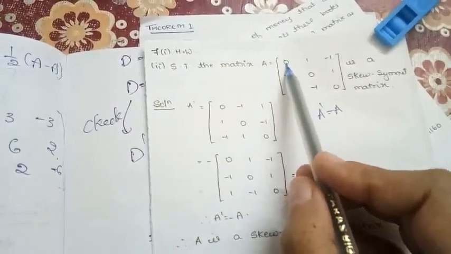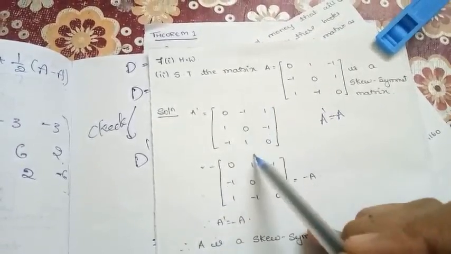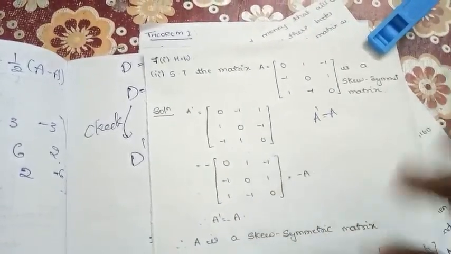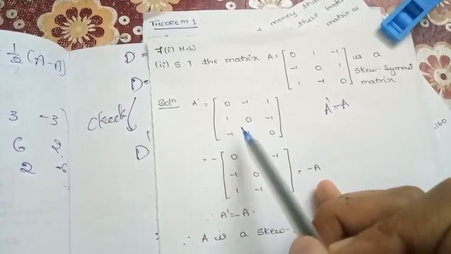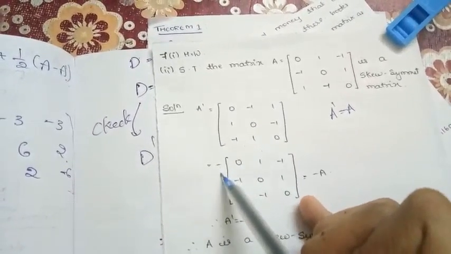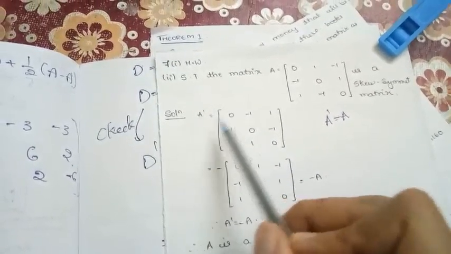So you can see here 0, 1, minus 1 become the first column, minus 1, 0, 1 become the second column, 1, minus 1, 0 become the third column. So I took the transpose. After taking the transpose, I take the negative sign outside. Taking the negative outside means I should take the negative from each and every term.